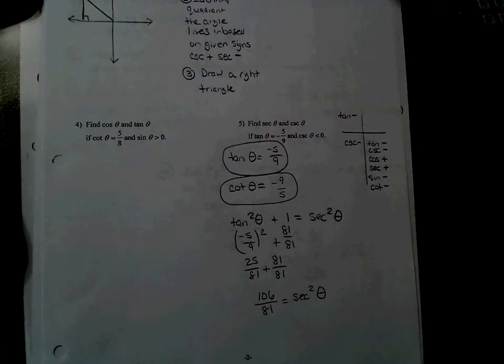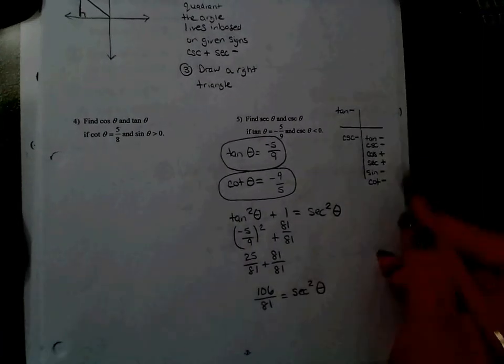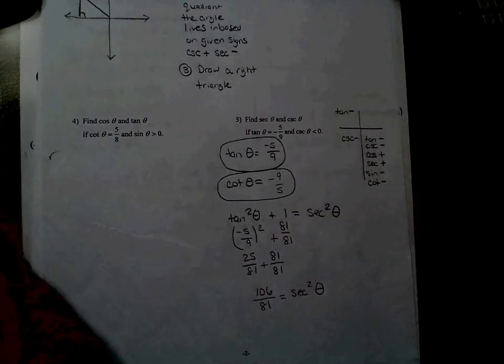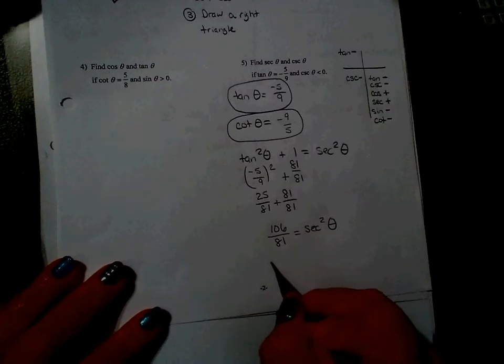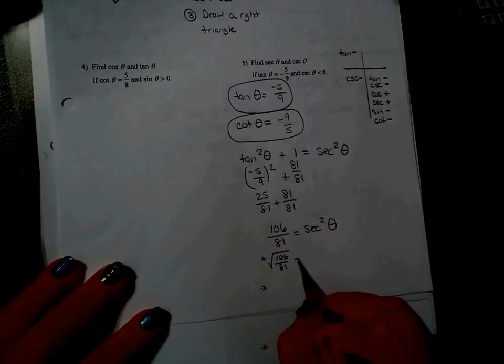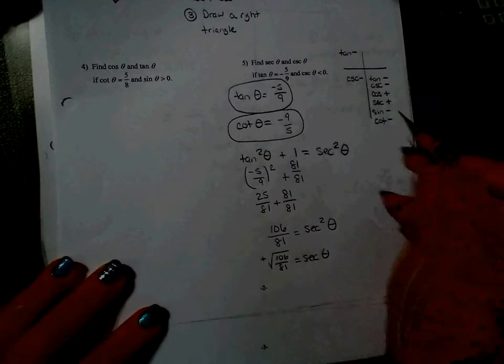Now I'm going to have to take the square root of that, and then I'm going to have to put a positive sign on it because secant is positive in this quadrant. So I take the square root, and I'm taking the positive one because secant is positive in quadrant 4.